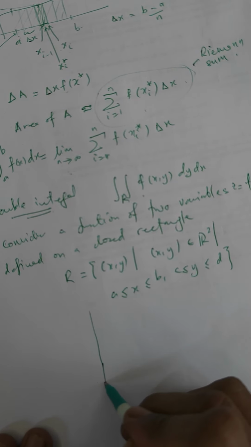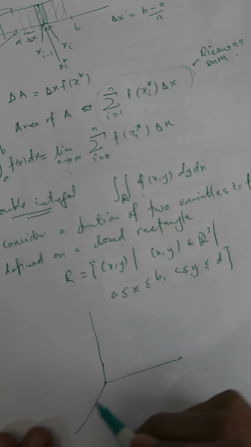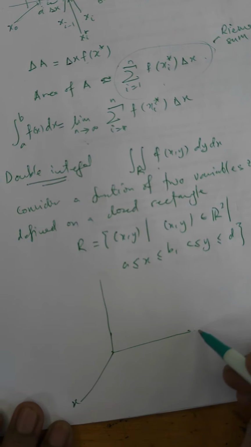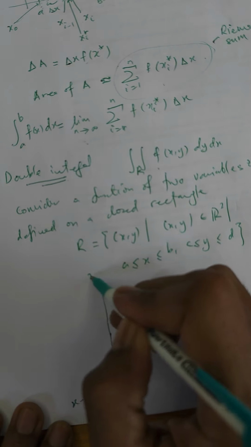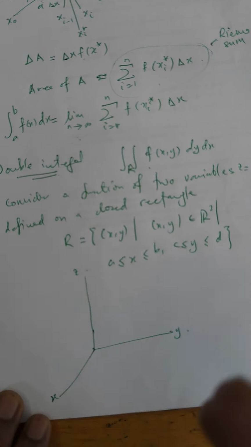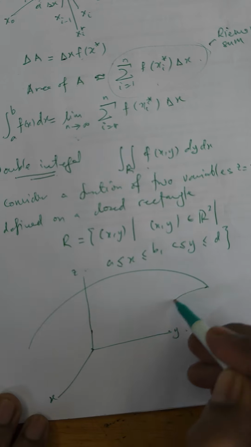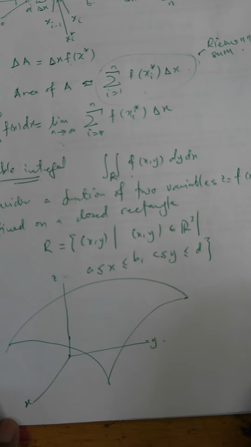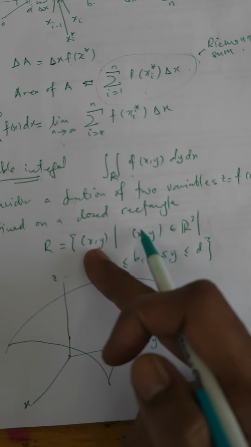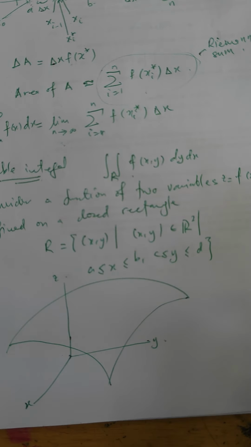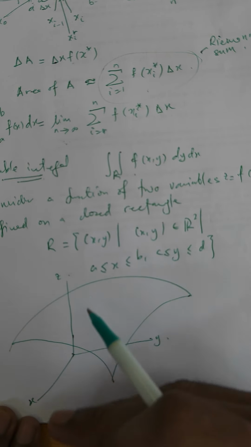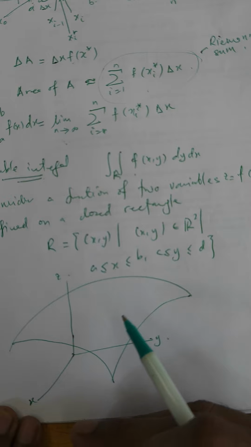So you can consider 3 dimensions x, y, and z, and then we consider the surface. Let's say this is our surface. Now to describe the region R, where is the region R? The region R is on the xy-plane.